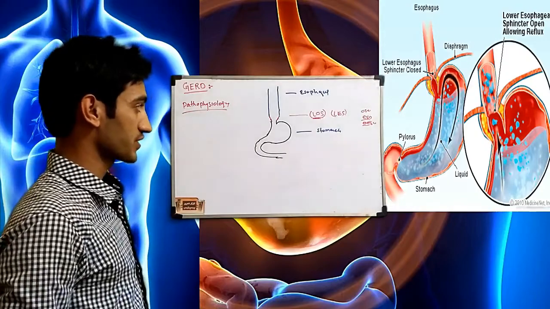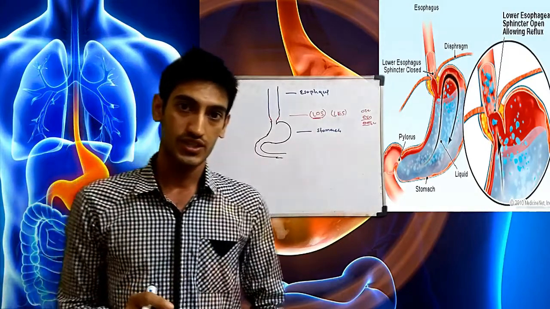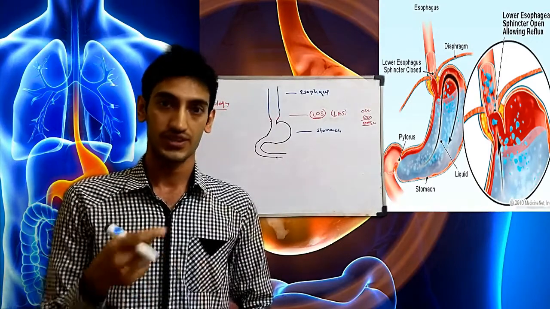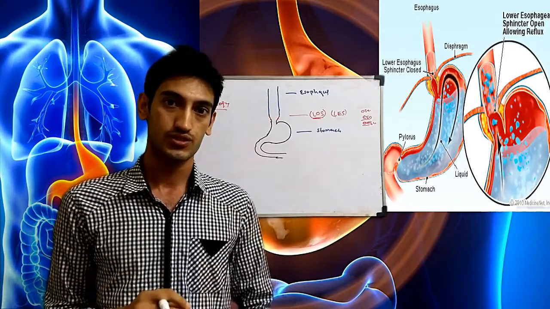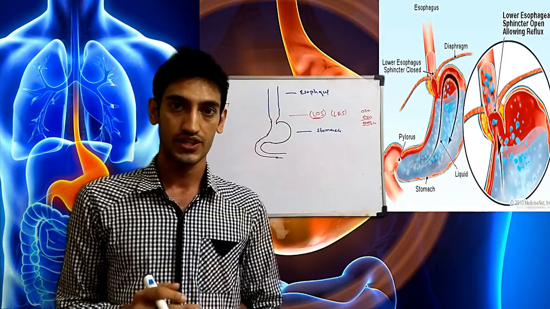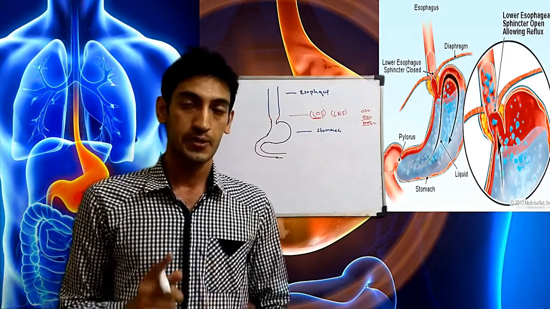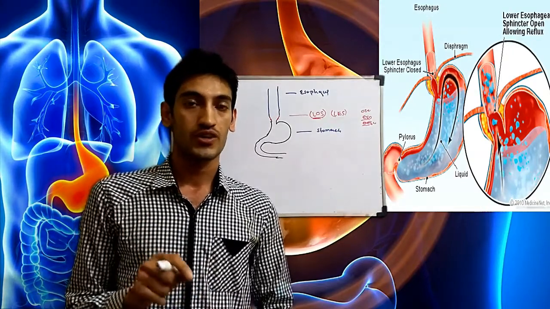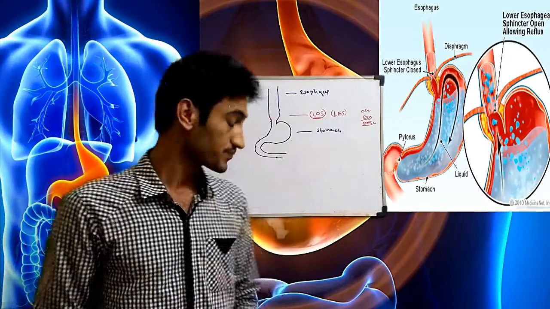Normally, in a healthy person, occasionally there is reflux of contents. There is gastroesophageal reflux in a normal person, but that is not a pathology. That will not cause a disease. Why?